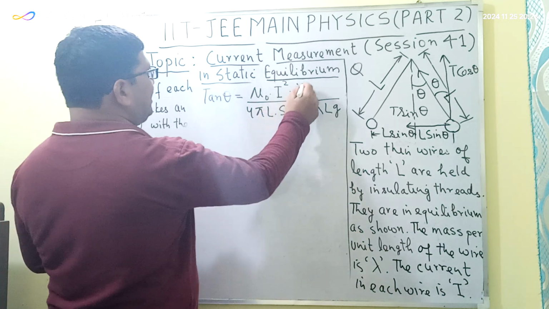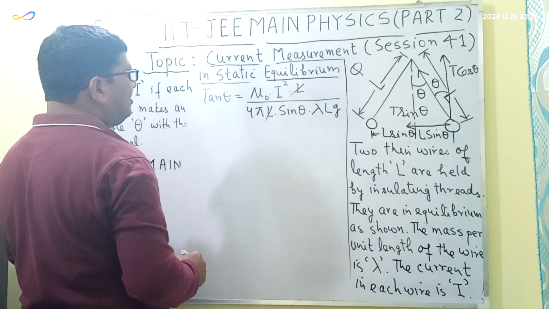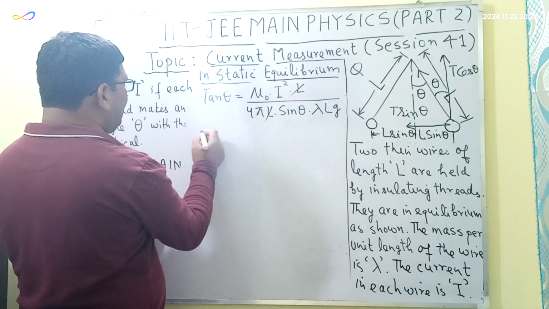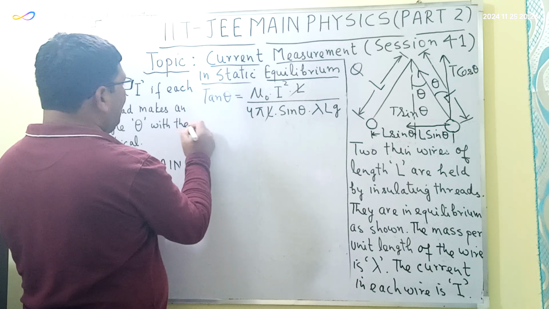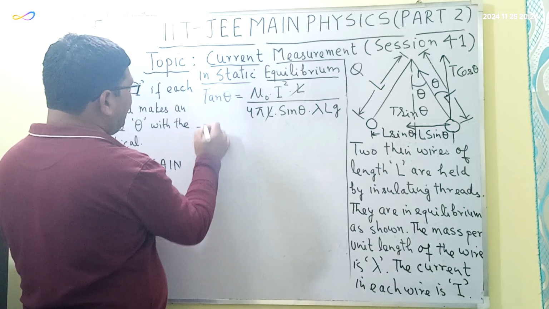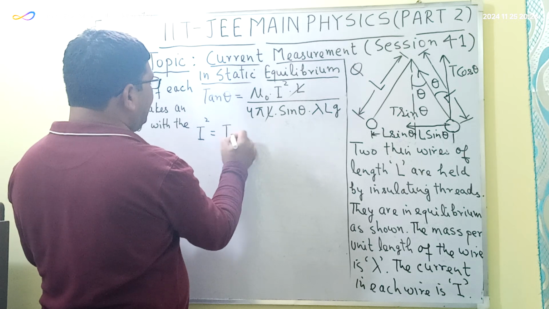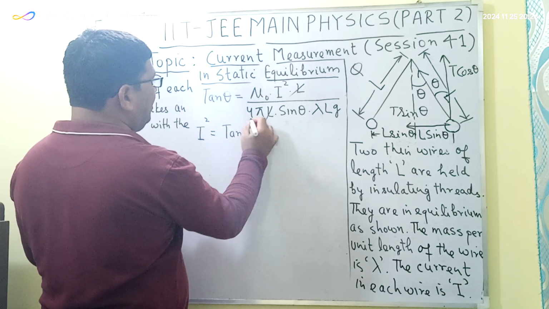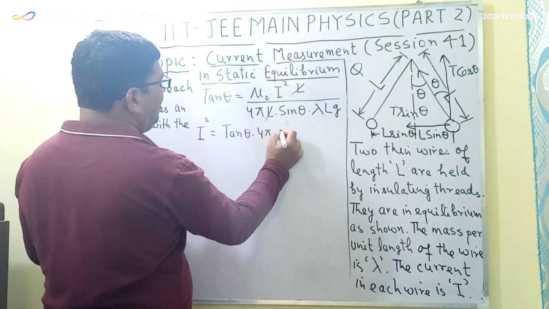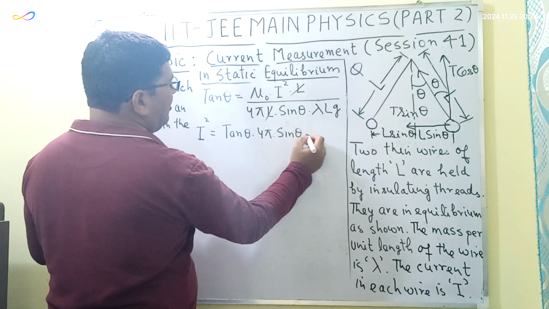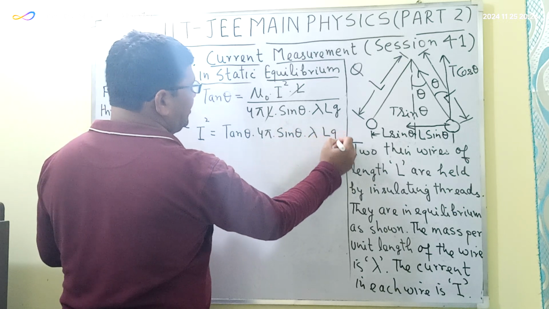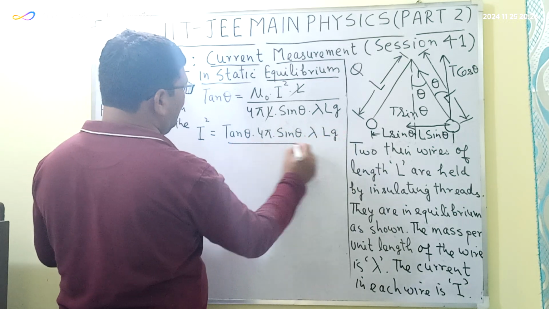From here this L and L will get cancelled out, and from this equation I get the value of I square. I square will be equal to tan theta into 4 pi into sin theta into lambda L G divided by mu naught.